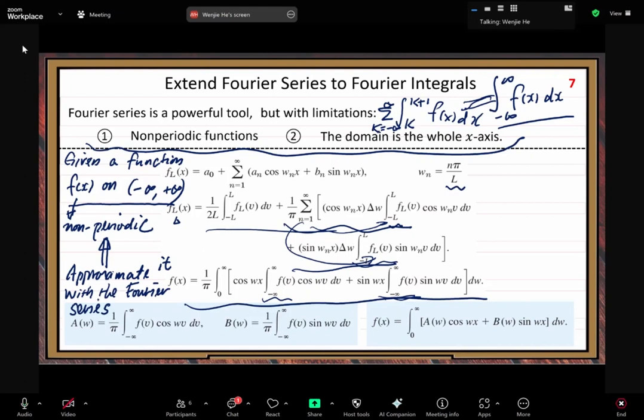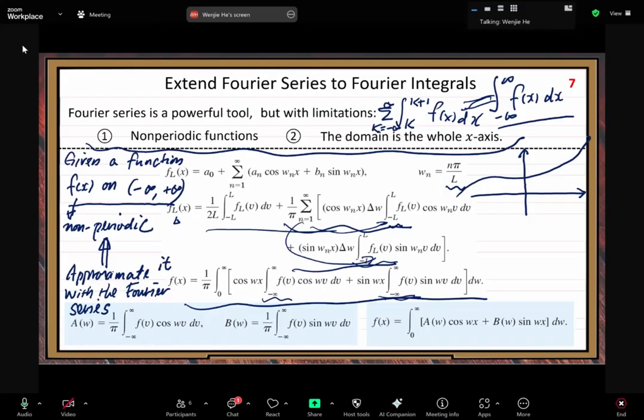Let me draw a graph. First, let's draw this f of x graph. This function is defined on the whole real axis.